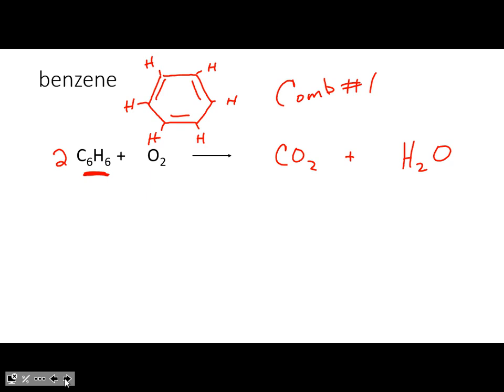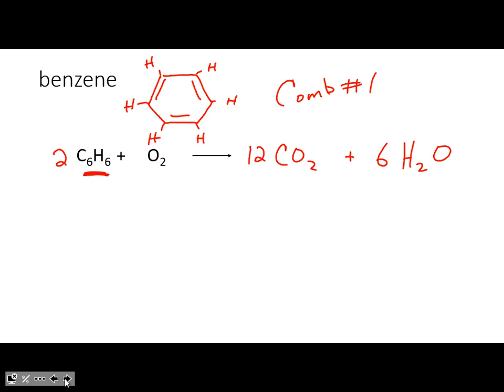my benzene. So when I double that benzene, that gives me 12 carbons. So I'm going to put a 12 right there for the 12 carbons. 6 times 2 is 12 hydrogens, so I'm going to put a 6 there.